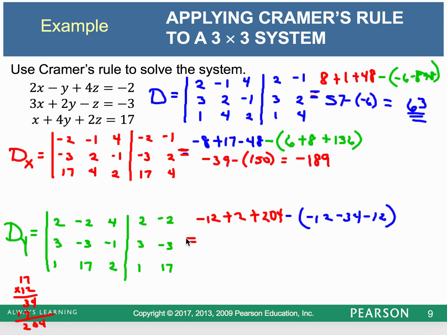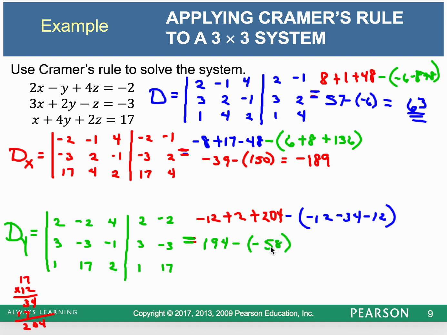Okay, so that gives us 206 minus 12. What's that, 194? Let's make sure. 206 minus 12 is 194. Then we have minus. All these are negative, so we're really going to add them. Right? 24 and 34. So negative 58.